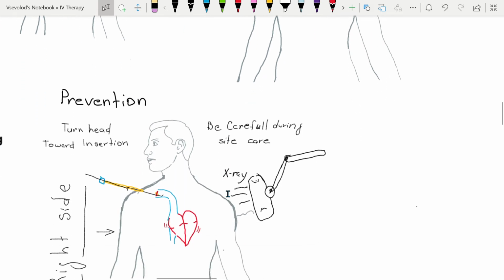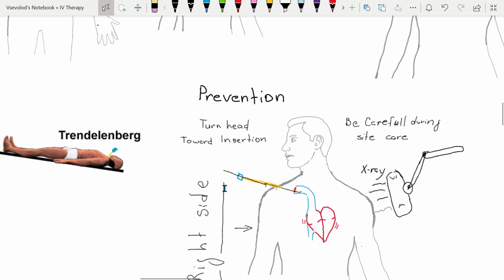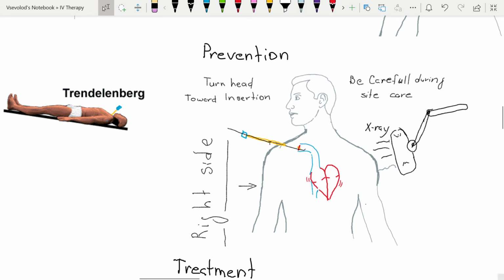So, prevention. How to prevent this from occurring. The catheter tip must be verified with an X-ray before the device is used. Also, when the peripherally inserted central catheter is placed through the basilic vein, which is on the inside of the arm, turn the patient's head toward the insertion side.